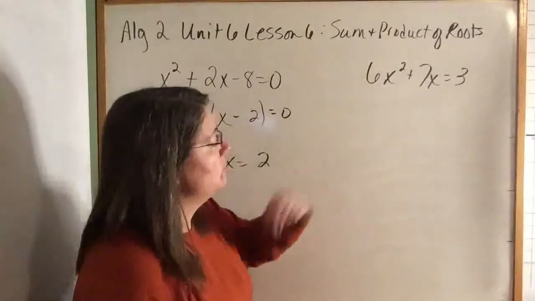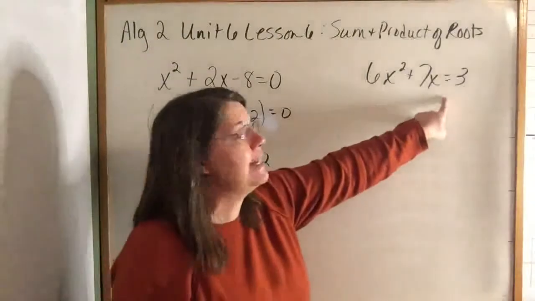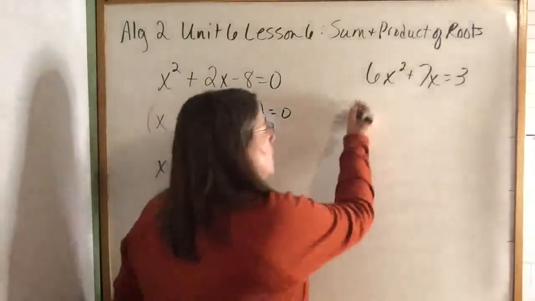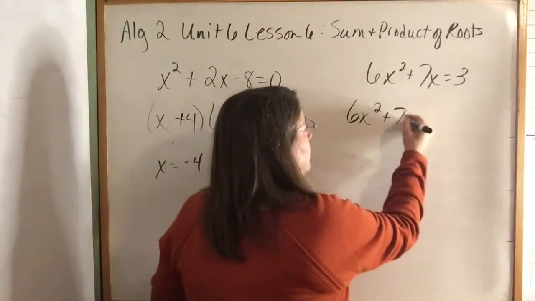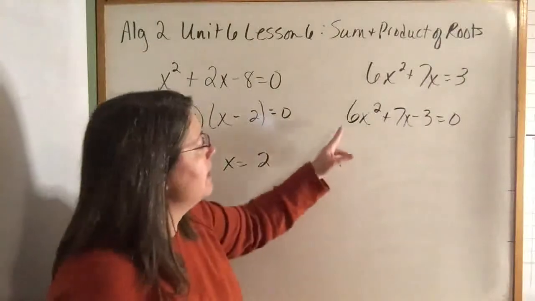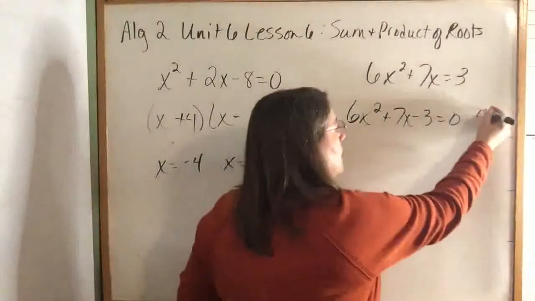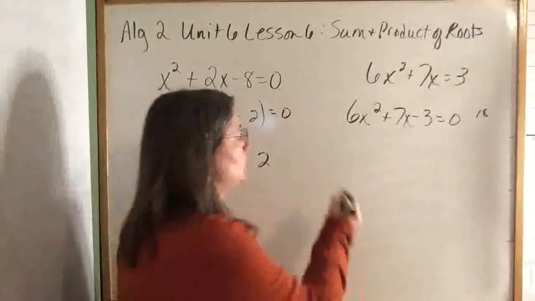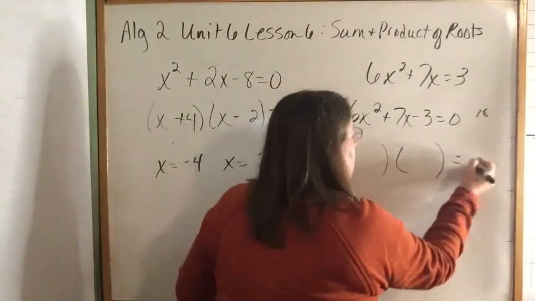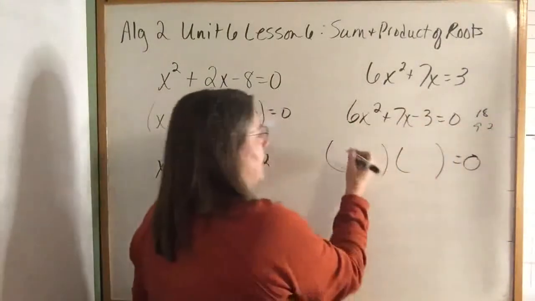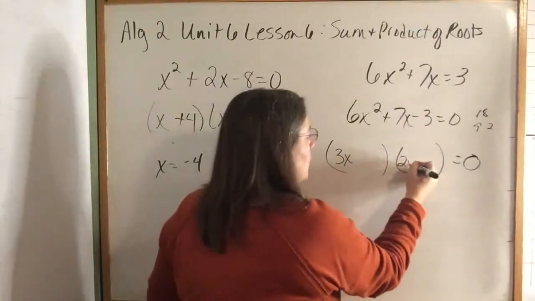With this one, I'm going to do the same thing, and remember, whenever we find the roots of a quadratic equation, the first thing we have to do is set it equal to 0. So 6x squared plus 7x minus 3 equals 0. If I try to factor that, 6 times 3 is 18. We're looking for factors of 18 that subtract to give you 7. That would be 9 and 2. To make 9 and 2 out of a 6, I would need a 3x and a 2x.